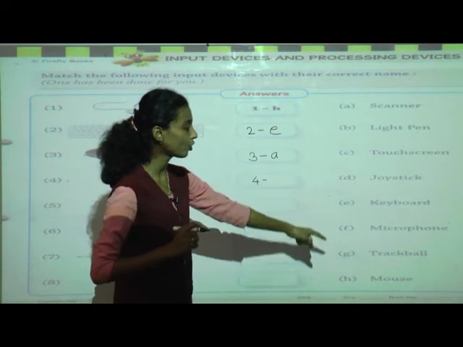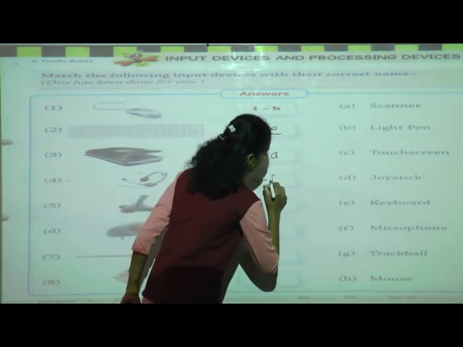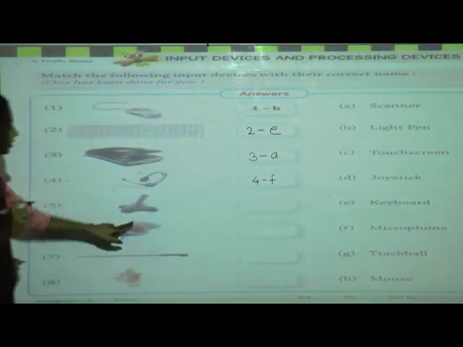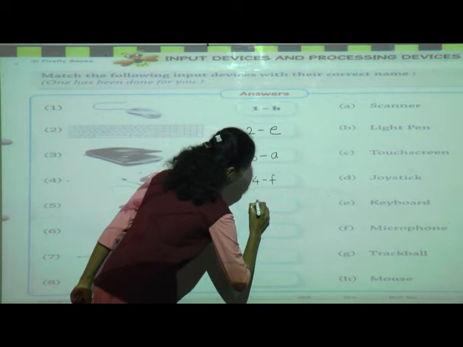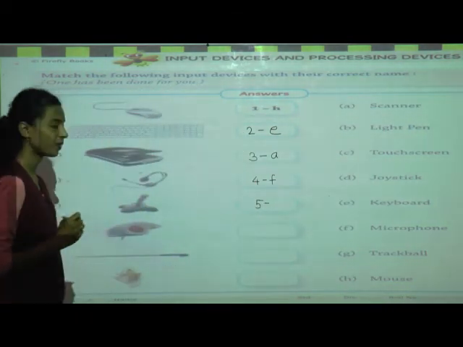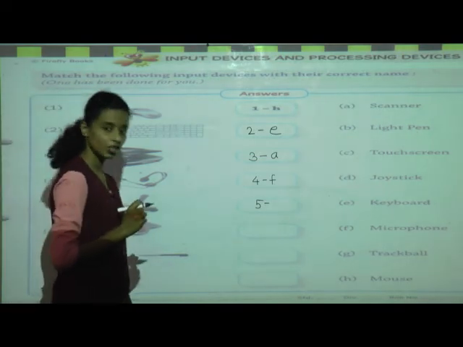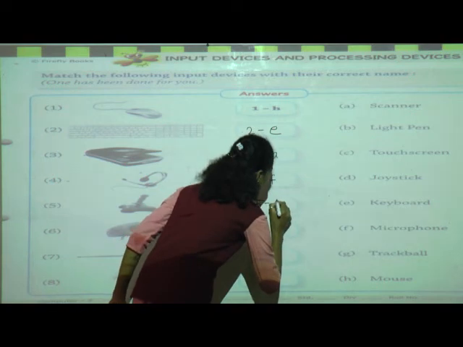Where is microphone? F. Then we will write here F. What is this, fifth number? Right, good. Joystick. What is the use of joystick? For playing games on the computer. Here, joystick. D.